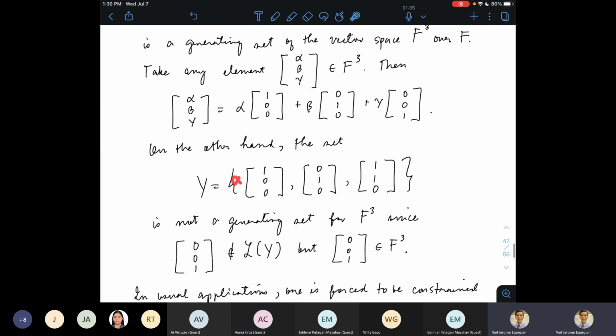So if you attach an alpha here, a beta here, and a gamma here, the sum will always have a 0 third component. So it cannot generate (0, 0, 1). Because you cannot find an alpha, beta, and gamma such that alpha times the first vector plus beta times the second vector plus gamma times the third vector will have third component equal to 1. Okay? That good?